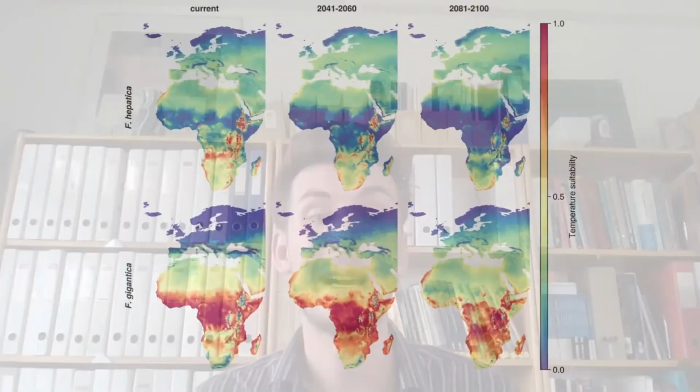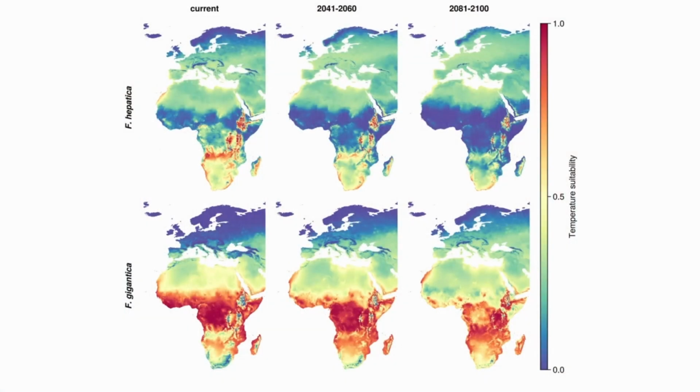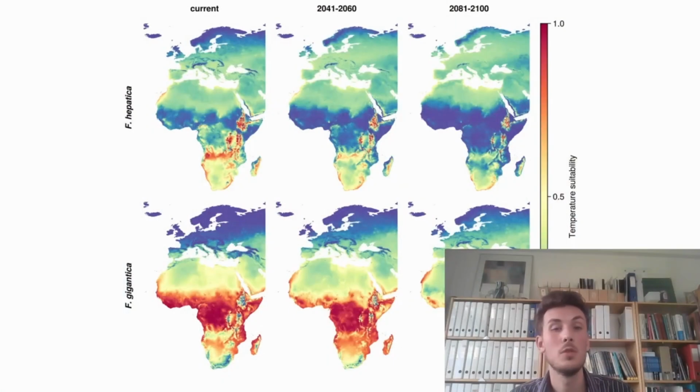That's what you see here for both Fasciola hepatica and Fasciola gigantica, for current and future conditions, showing how this changes. You can see that for both, at least in Africa, the conditions are becoming less suitable. It is getting too hot under future conditions for Fasciola species to complete their life cycle, at least as efficiently as now.